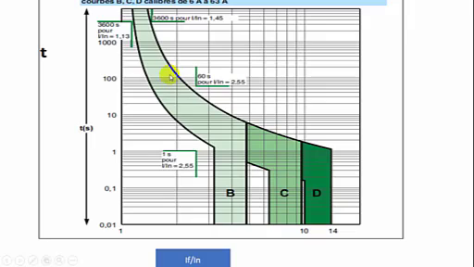It's limited, it's short, less than this value, which is calculated with this formula: L maximum equals 0.8 times the section of the phases times the voltage of the network per rho times 1 plus m, where m is the ratio between the PE section and the phase section, times the normal current.